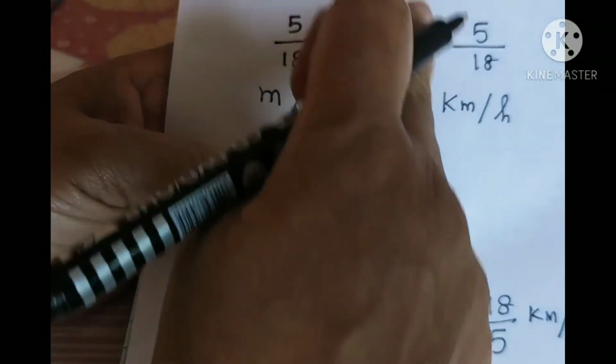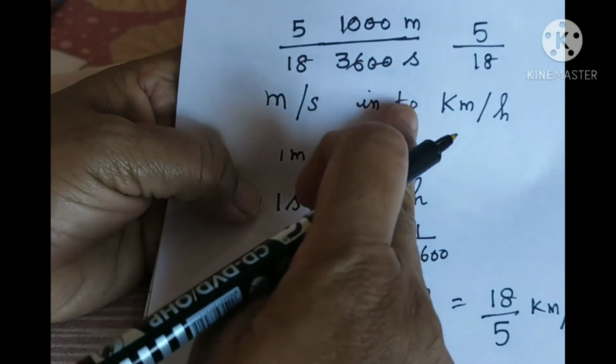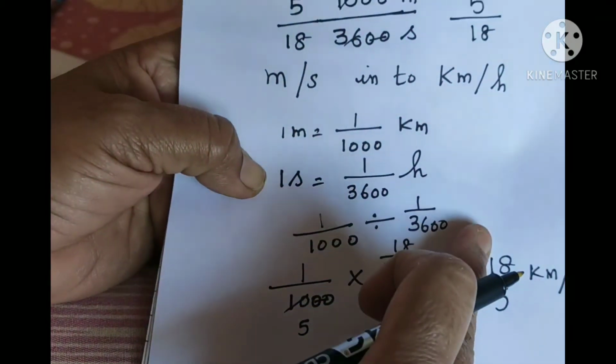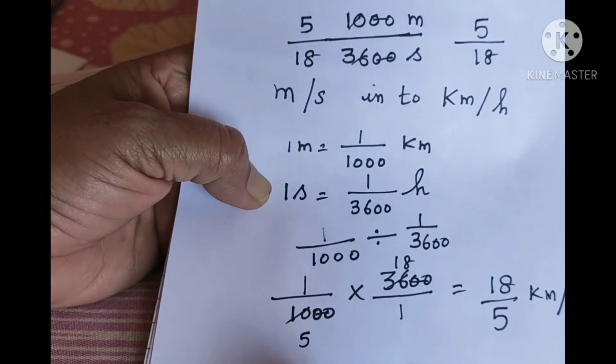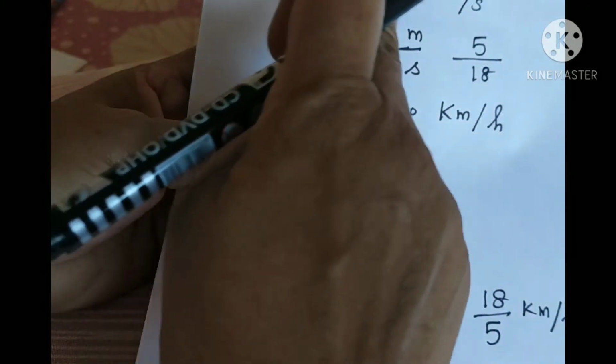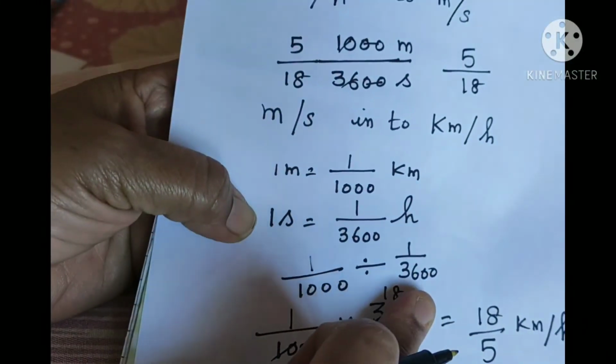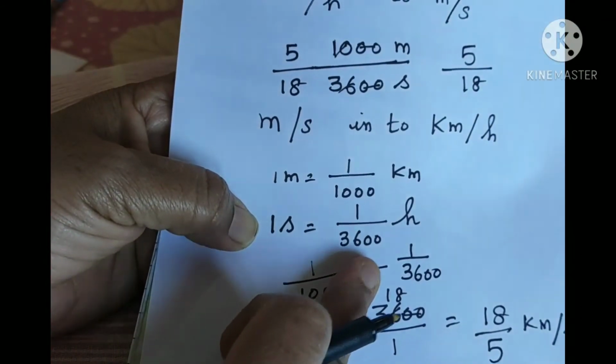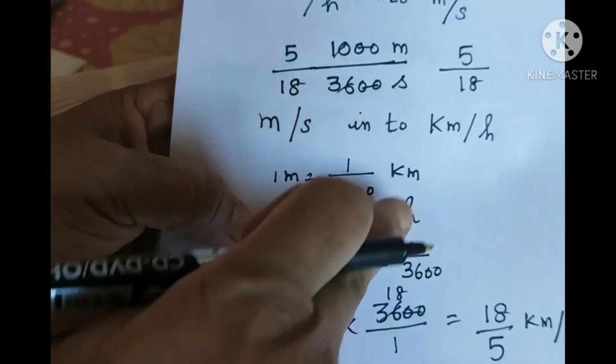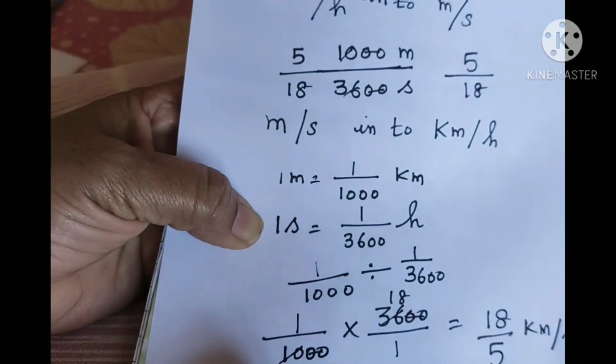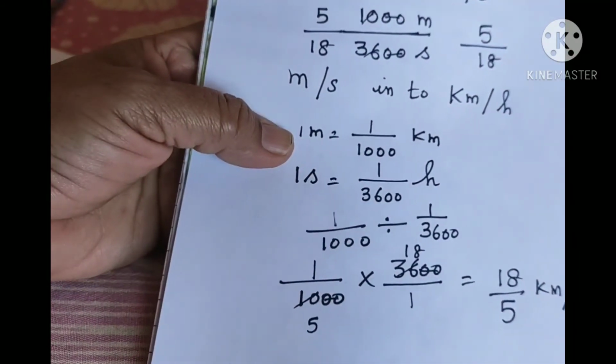So meter per second into kilometer per hour, multiply with 18 upon 5. Kilometer per hour into meter per second, multiply by 5 upon 18; the reciprocal of 5 upon 18 is 18 upon 5.